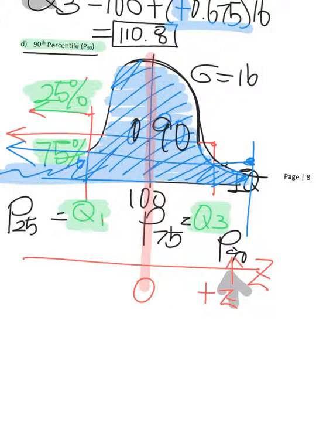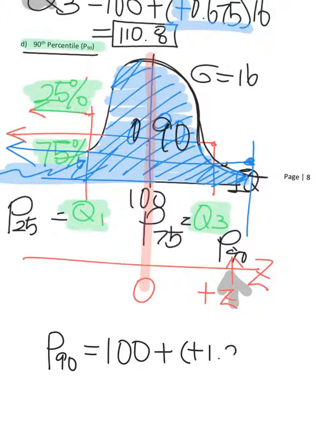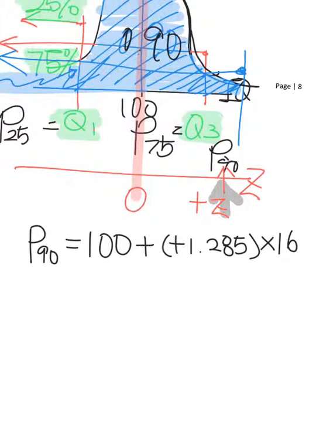The 90th percentile will be the mean plus the z-score. How much was the z-score? Positive 1.285 times the standard deviation, 16. So how much will be the 90th percentile, please?